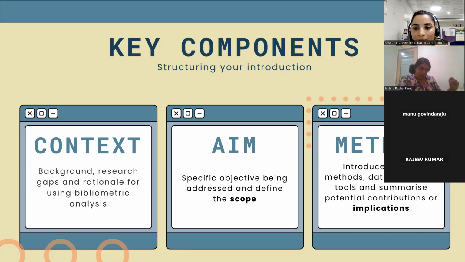Then you funnel it down to we do not have adequate information on data in women in India, for example. Studies suggest that. And so we thought we'll conduct a bibliometric analysis to actually understand how much research has been done on the Indian population on tobacco use or tobacco control measures in pregnant women. So that would set the context.